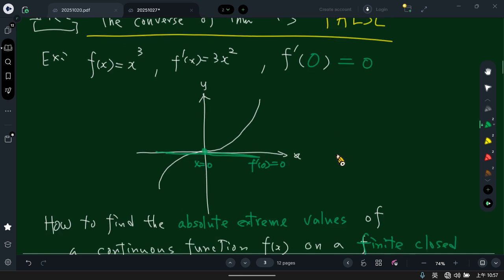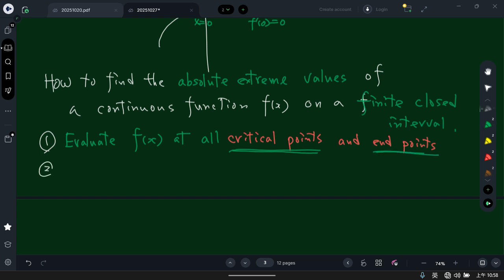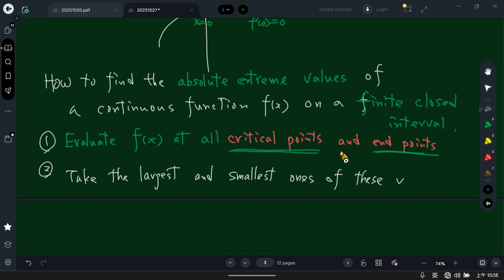Okay, so this is the first step. Try to find all critical points and the endpoints. Then take the largest one and the smallest one of these values. So we already list out some candidates.